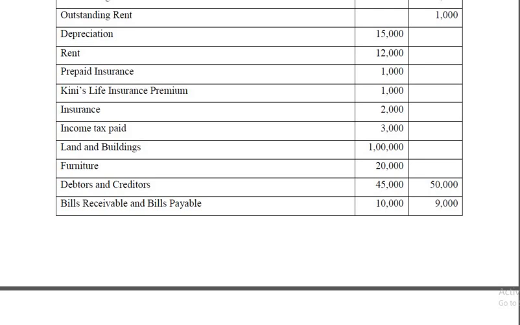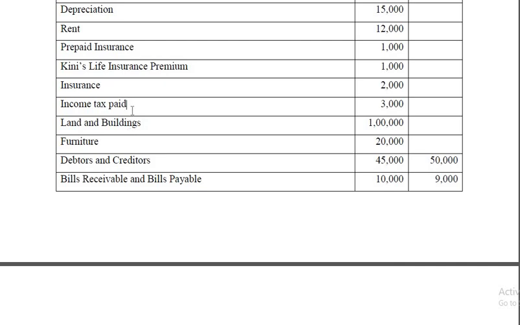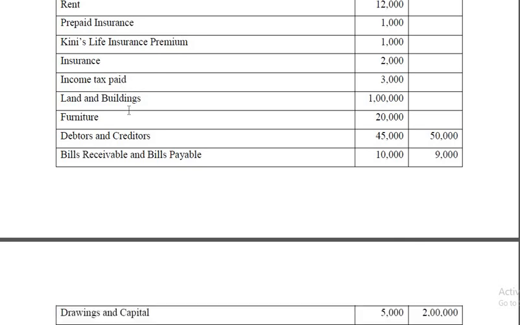Then insurance will be taken in the profit and loss account debit side. Income tax paid is also his personal expense paid from the business, therefore it is taken as drawings. So life insurance premium and income tax paid, both are to be taken as private transactions.